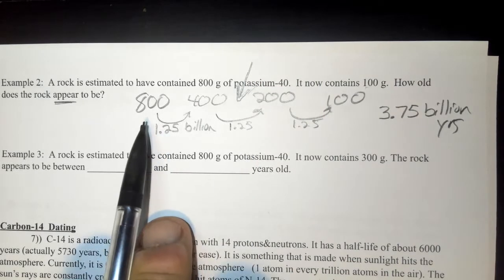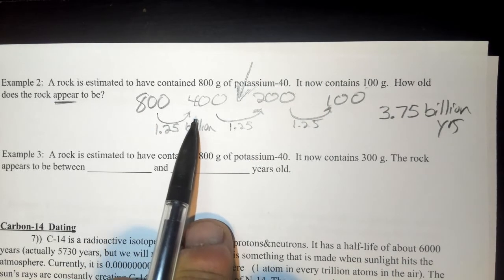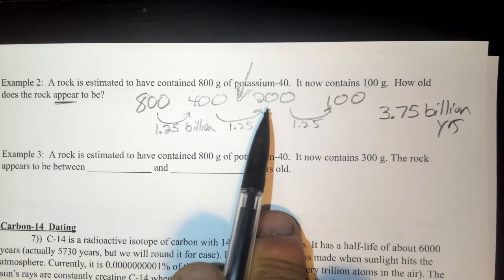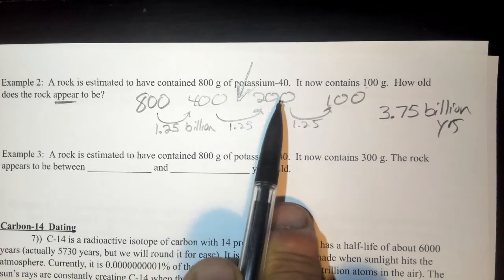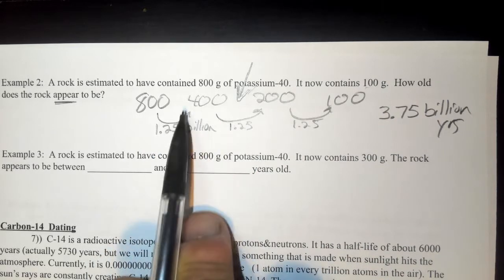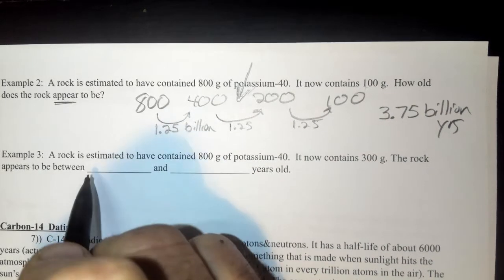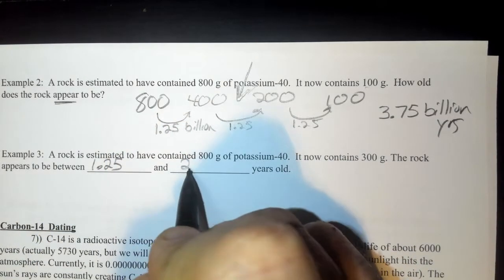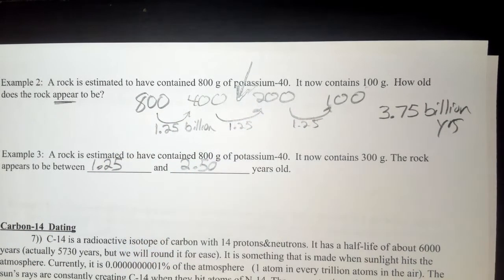So it is older than 1.25 billion, but it's not 2.5 billion. 2.5 billion would get us to be too small of a number. 1.25 would get us to be too big of a number. So it's going to be somewhere in between 1.25 billion and 2.50 billion years.